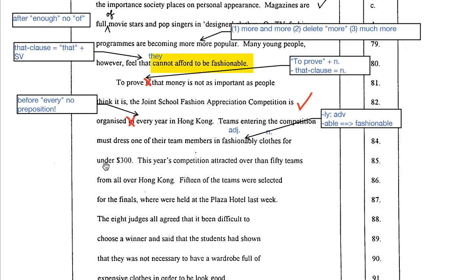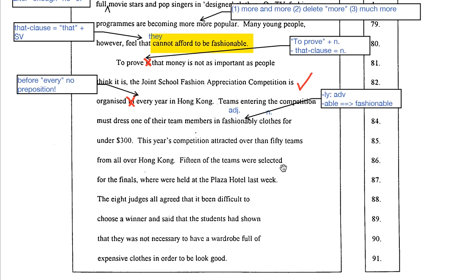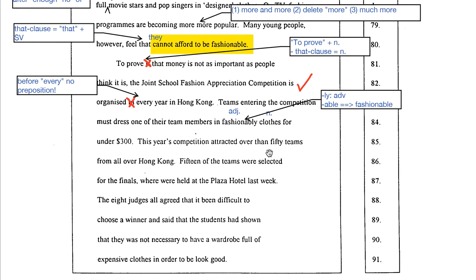This year's competition attracted over than 50 teams. Now, in Chinese it means 呢年呢個比賽呢吸引到超過50隊. So you know the problem should be with "than" here because this is wrong. There are two ways you can say 多過50隊. You can say "over 50 teams."